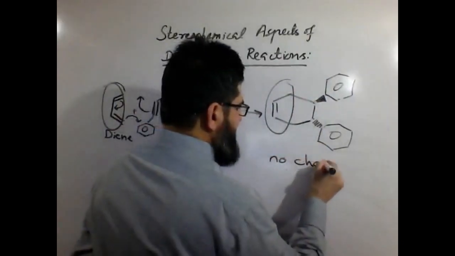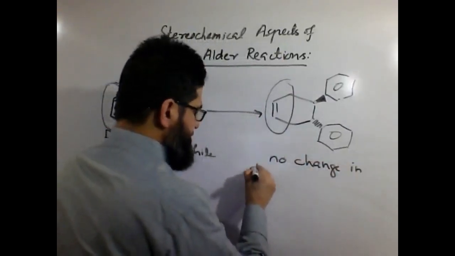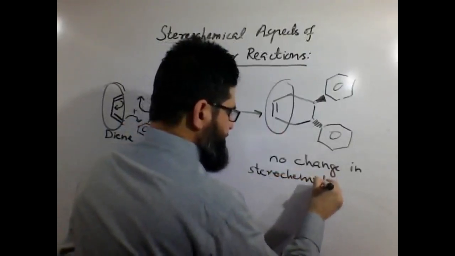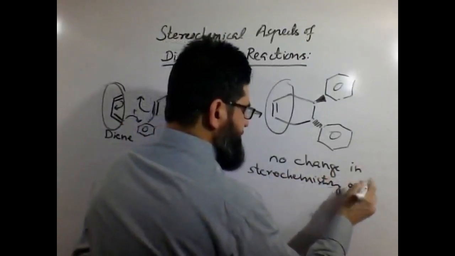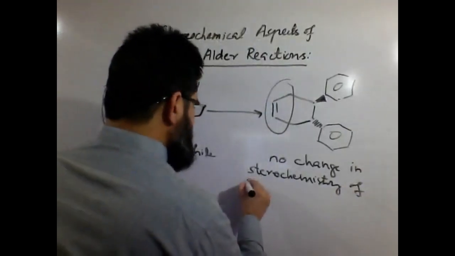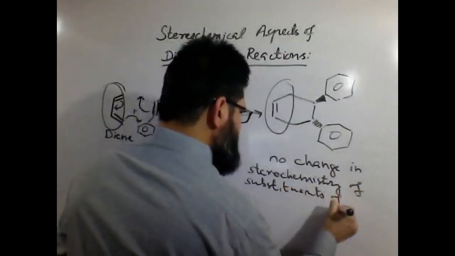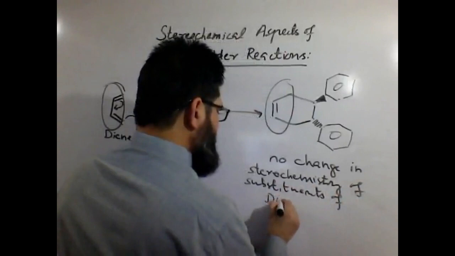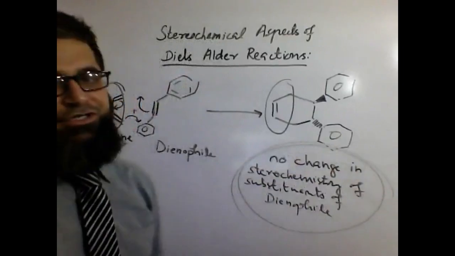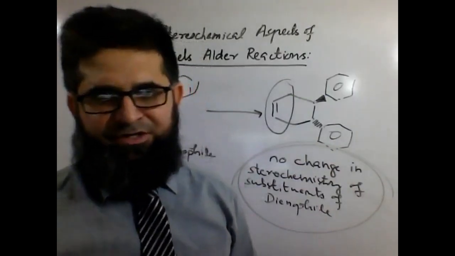I could write it as no change in stereochemistry of the substituents of the dienophile. The dienophile stereochemistry remains unchanged. Cis will be in the cis form, trans will be written in the trans form.